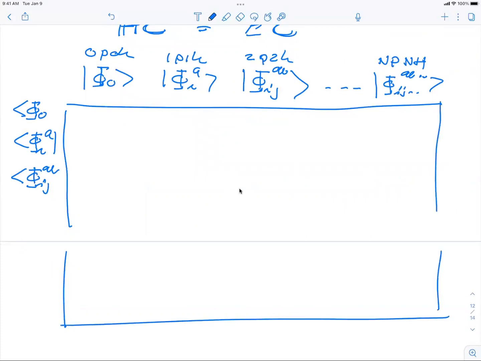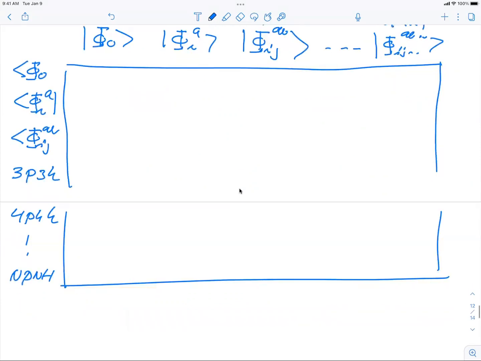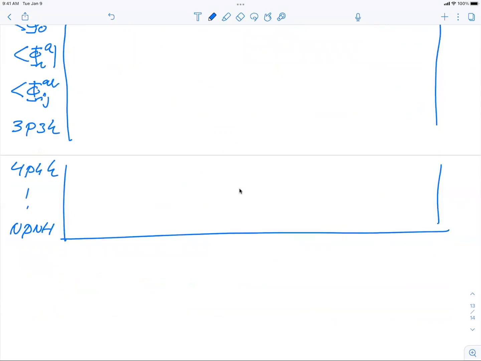So I'm just setting up the matrix. And then we have the 3 particle, 3 hole block. There is a 4 particle, 4 hole block. And then we go all the way down to n particle, n hole blocks. And then this is now multiplied with the vector C.